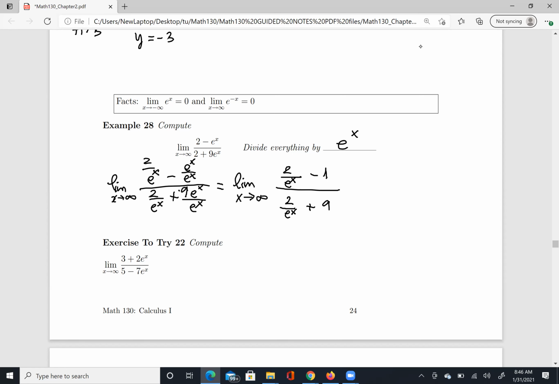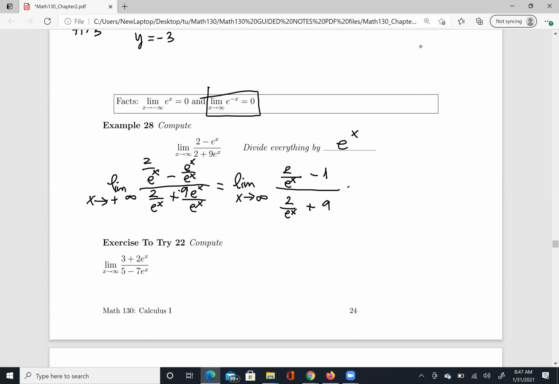Remember that we are working with x going to positive infinity. So why do I divide by this? Because in f of x, you don't see any e to the negative x at all, so that's the reason you need to divide by e to the x.